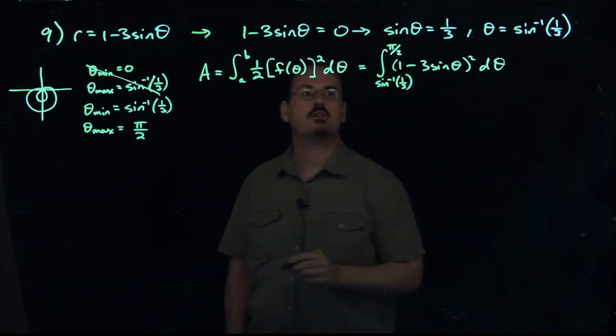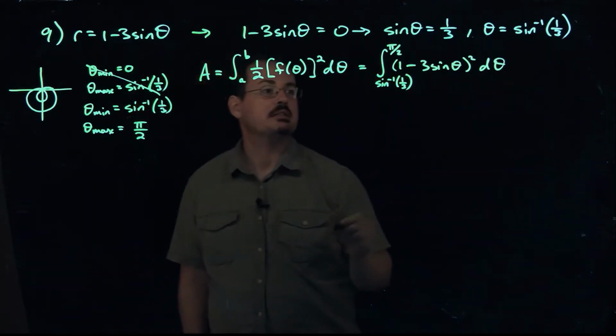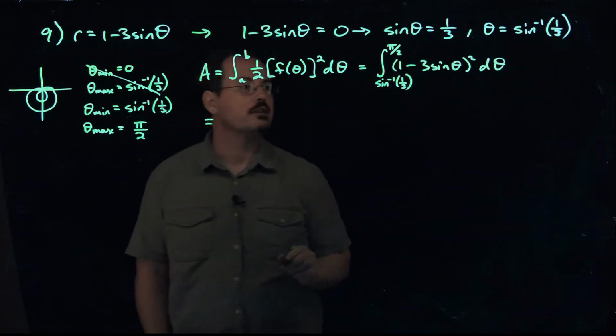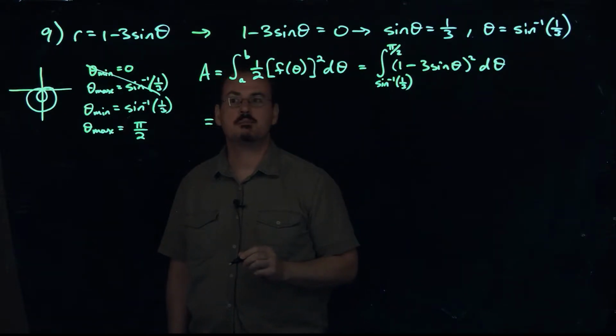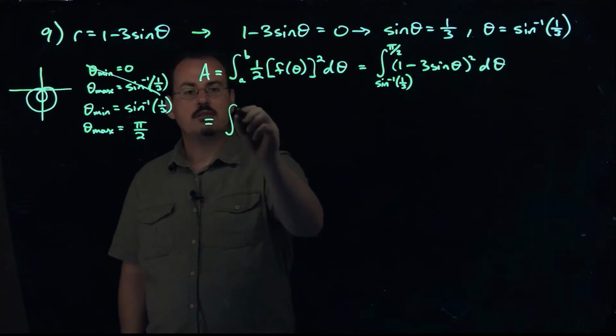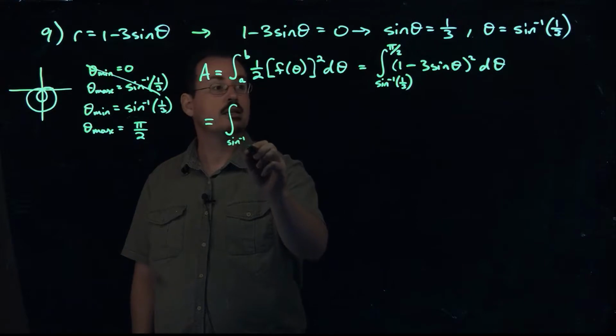So that's the integral that we want to find. Again, mostly what makes this problem difficult is the fact that these bounds are a bit tricky to find. You've got to use the graphing calculator. There's really not too many other ways to do this without that calculator. Anyway, to do this antiderivative, we're going to have to expand it. So let's write this again.